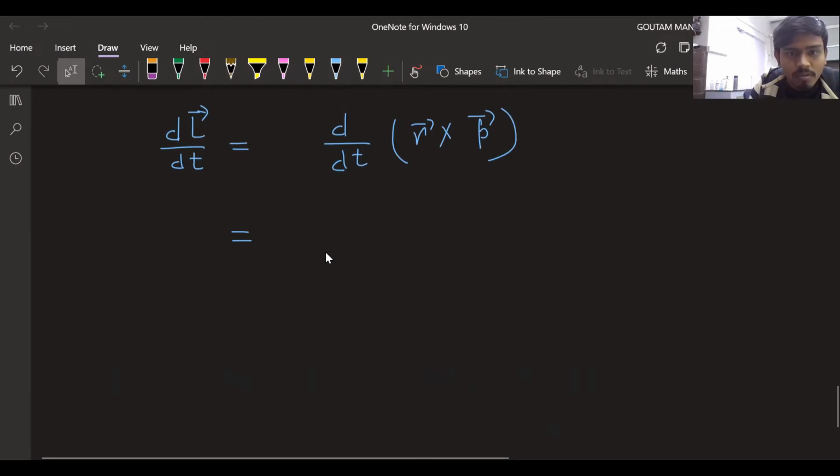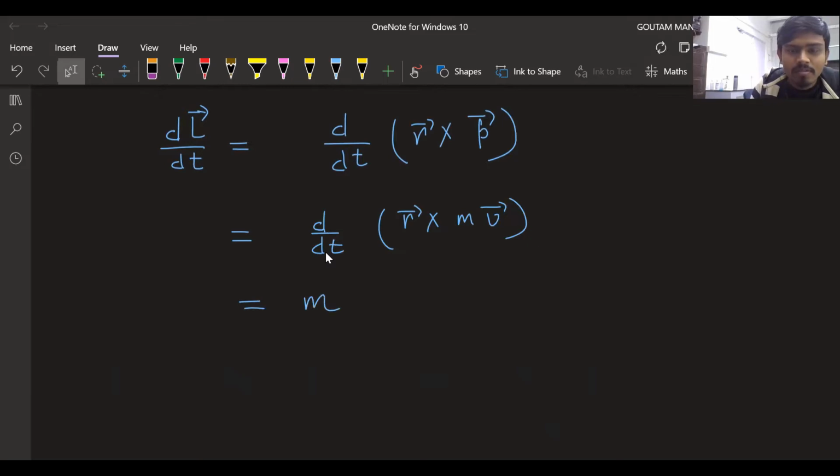which is d/dt of r cross mv, where m is a scalar and constant, if we assume. Then it will be m d/dt of r cross v.